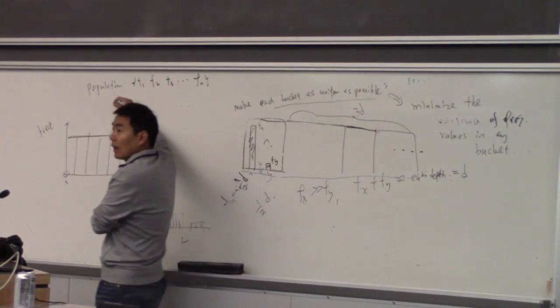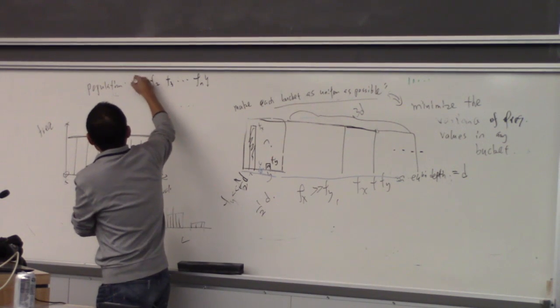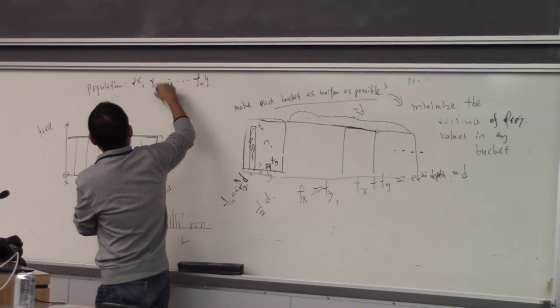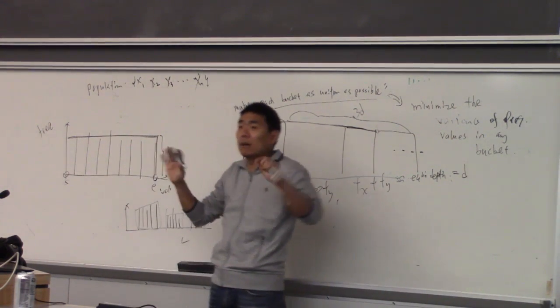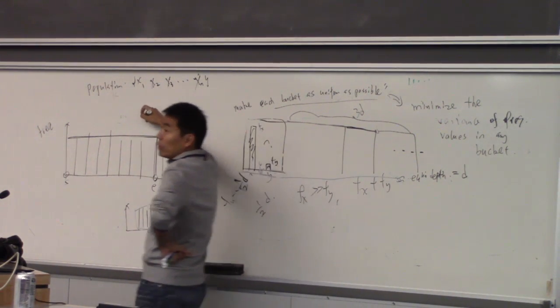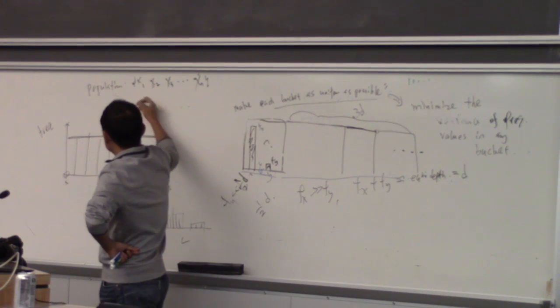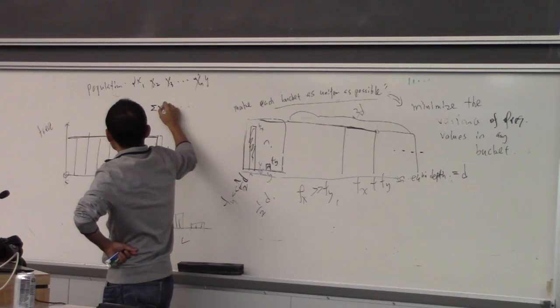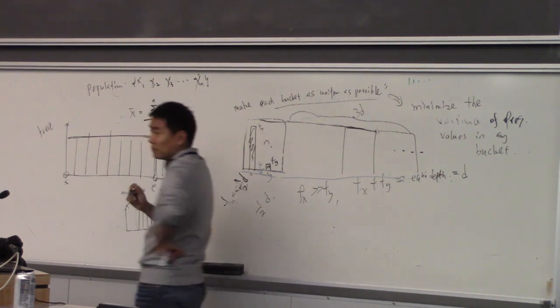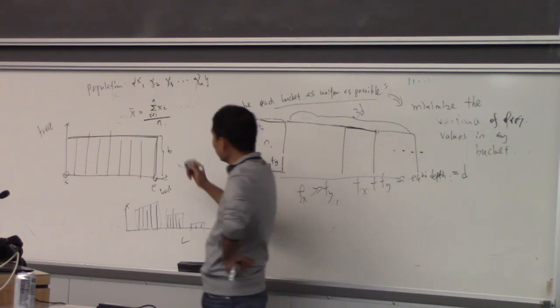Well, you take the average. Let me use X. Not necessarily frequency, any population, right? It could represent frequency, income, whatever. What you do is you take the average of these values, and that's the average.